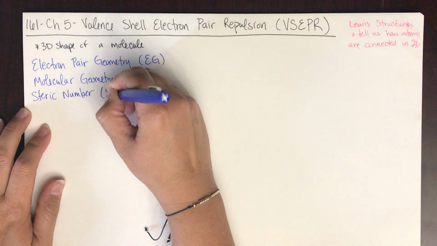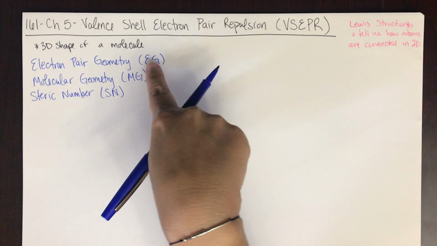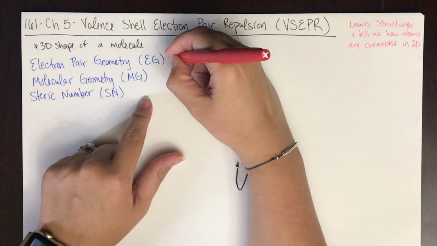We'll abbreviate that SN. So, electron pair geometry is the shape of the molecule only having to do with the regions of electrons, not differentiating between bonded electrons or lone pairs of electrons.